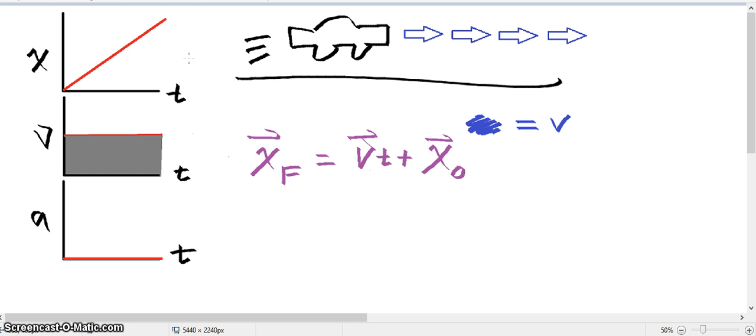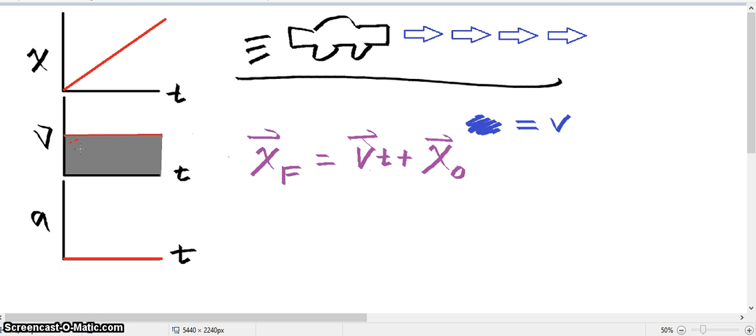Again, I want to say that this is not real life, because there's no way a car could ever travel at a constant velocity with zero acceleration. But anyways, to find your final position along this line, you would find the displacement of your position, which can be found beneath the velocity.